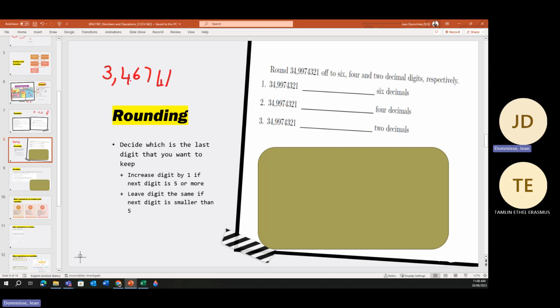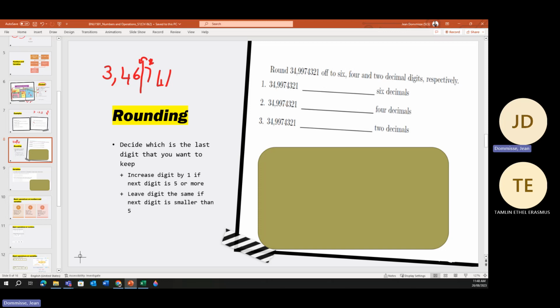Okay, so they will tell us to round off to, let's say, 2 decimals. Then we look at the third decimal. And that third decimal will then tell us if we round it up or if it stays the same. If that third decimal is 5 or higher, we round the previous number up. If it is 4 or lower, we keep it the same.